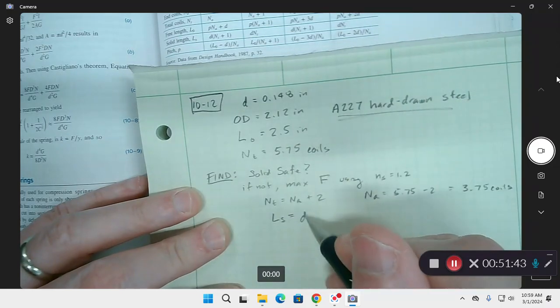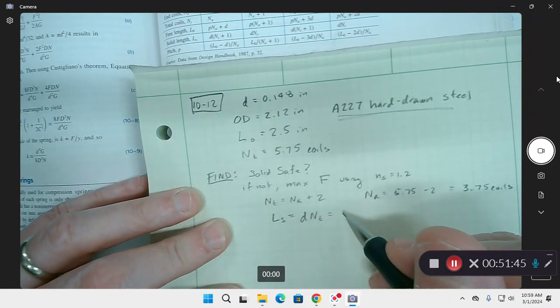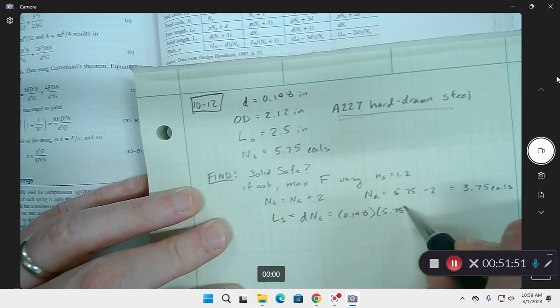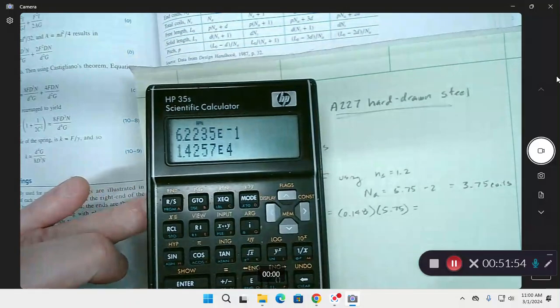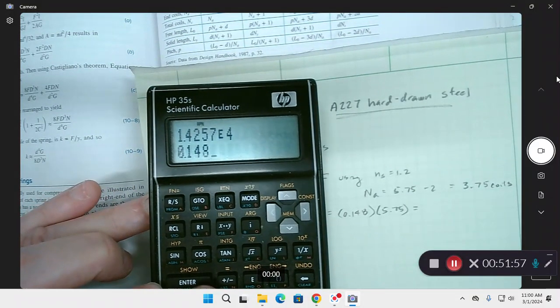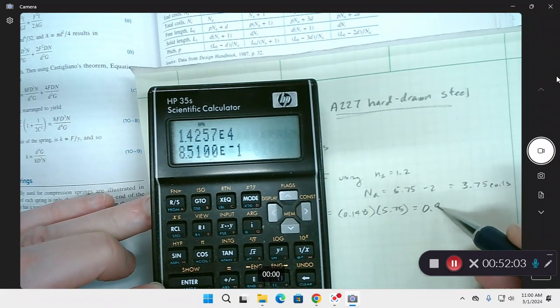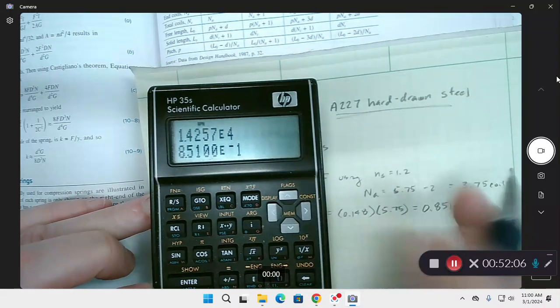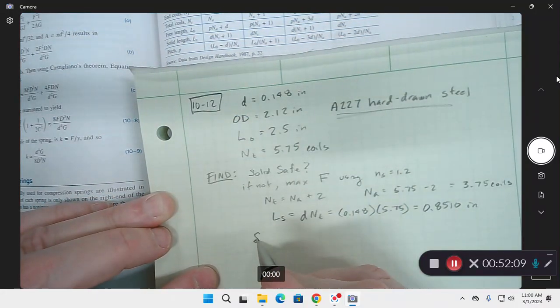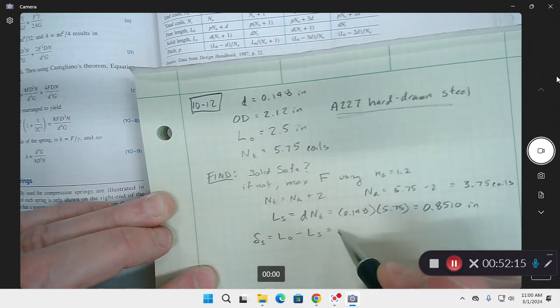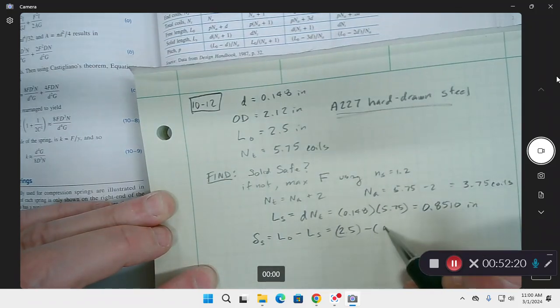Okay, it's going to be equal to d times NT, or 0.148 times 5.75, which is 0.8510 inches. All right, so we can say the deflection for solid is going to be LO minus LS, which is 2.5 minus 0.8510.